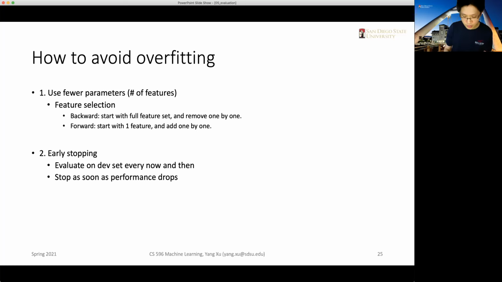The threshold is not a fixed number here. If you remember the split between training set and dev set, the dev set is a very small set, while the training set is a pretty big one.